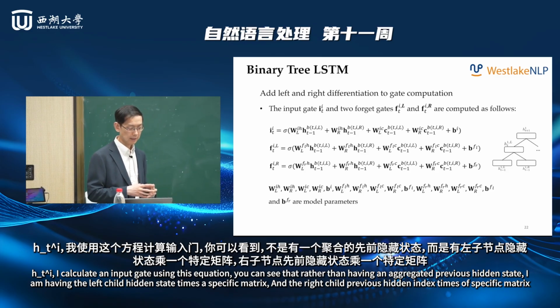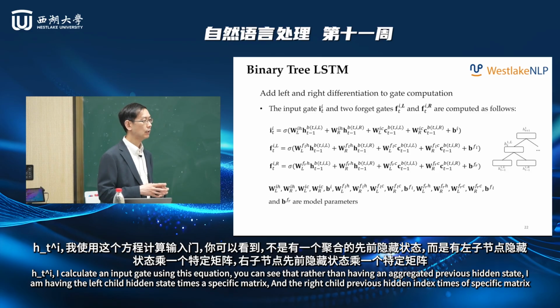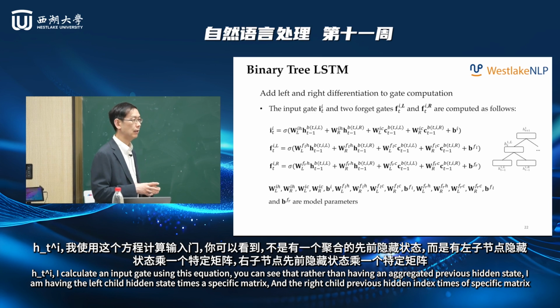You can see that rather than having an aggregated previous hidden state, I am having the left child hidden state times a specific matrix, and the right child previous hidden state times a specific matrix.